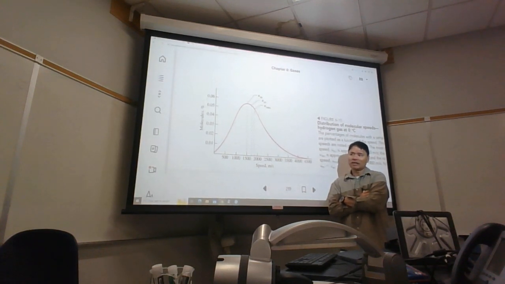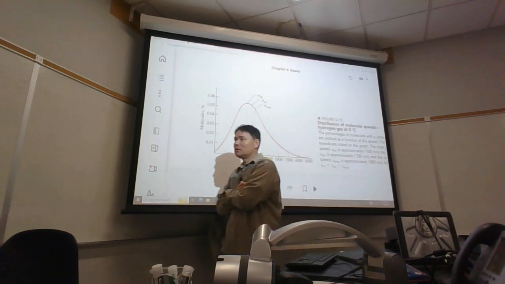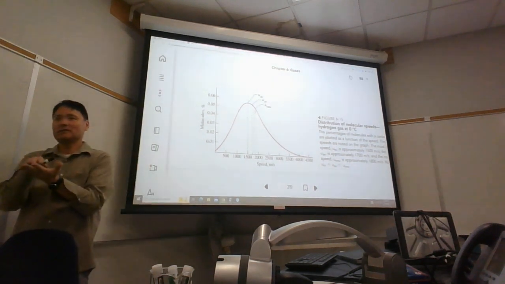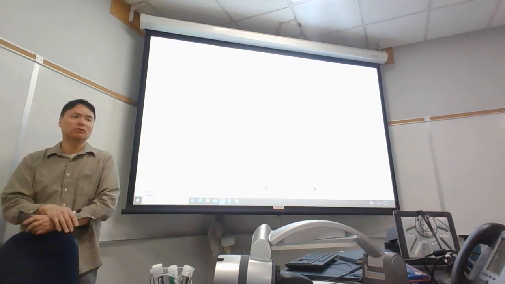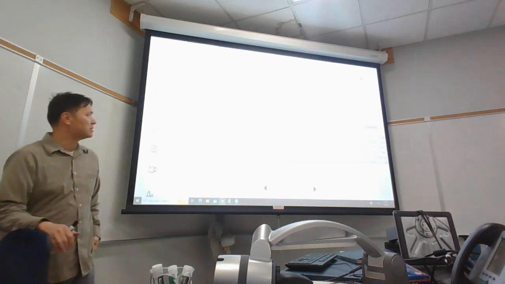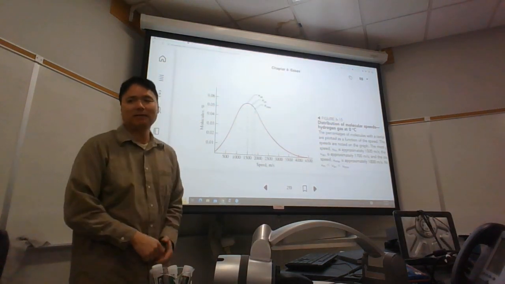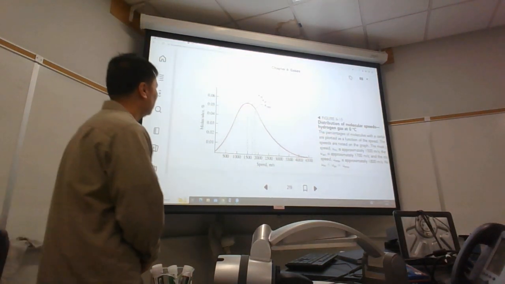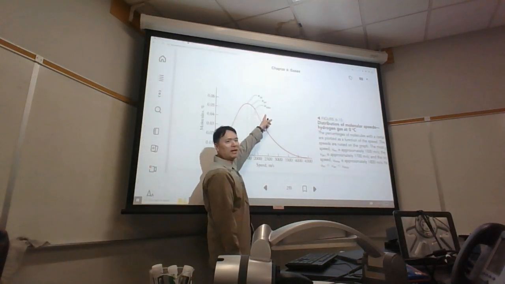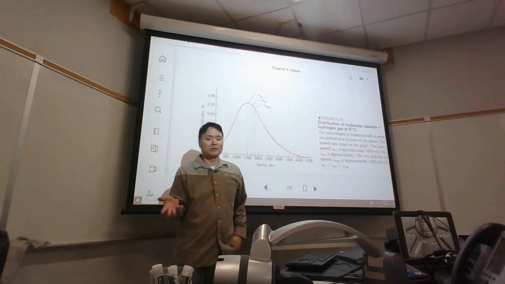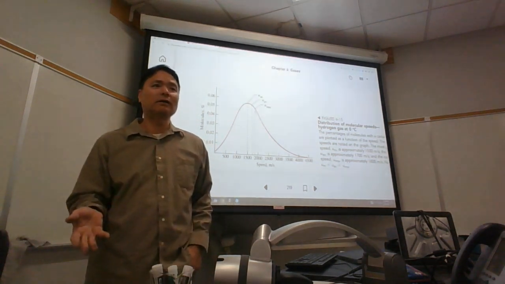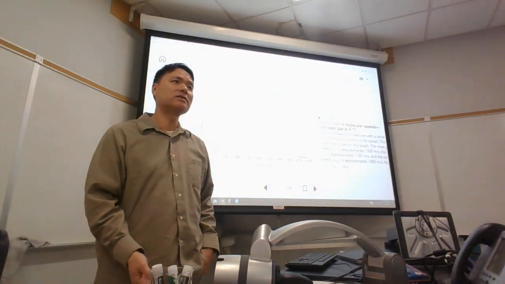This is the problem with thermodynamics. People who don't keep track of all these little labels have a hard time with thermodynamics. U_mp, U_av, U_rms. If you just say speed, then people don't know what you're talking about. You have to specify.